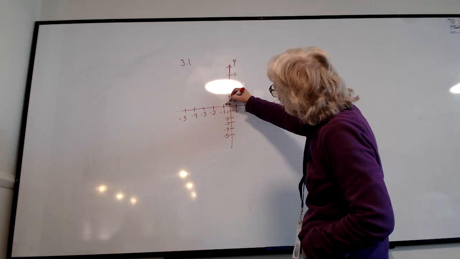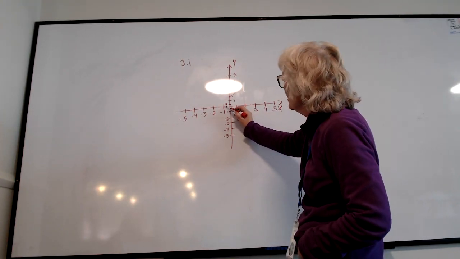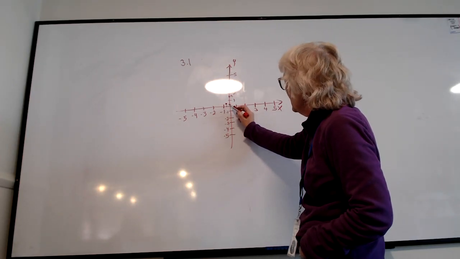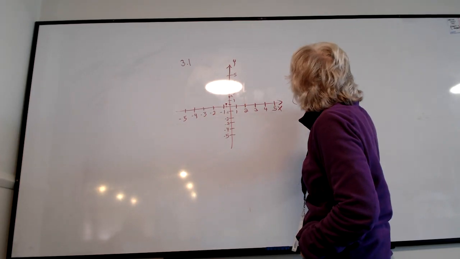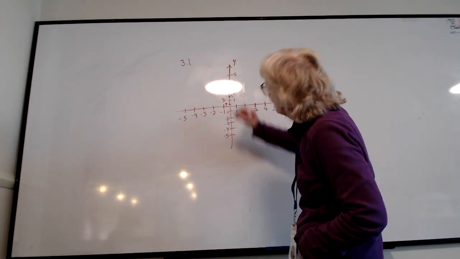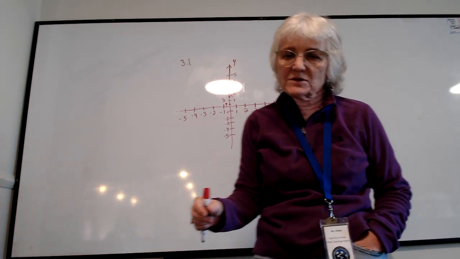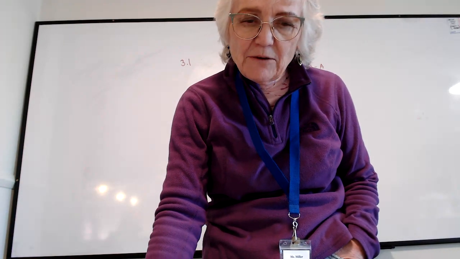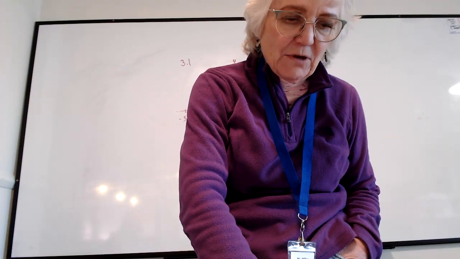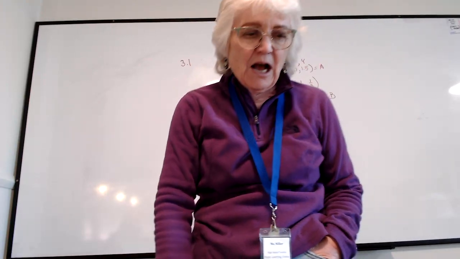So our point will be right there. It has an x value of negative 0.5 and a y value of about 0.3, which is right there. So we could call this point B, and I could label this point B. So that's basically how we're going to use the decimals to graph, and we can look at those on coordinate planes and on other number lines, okay?